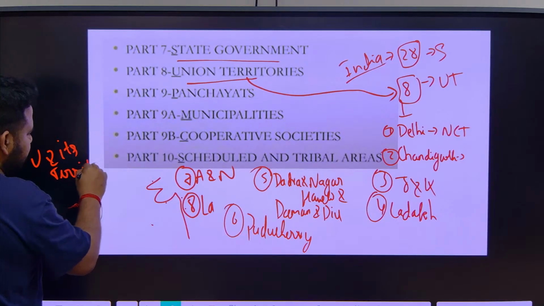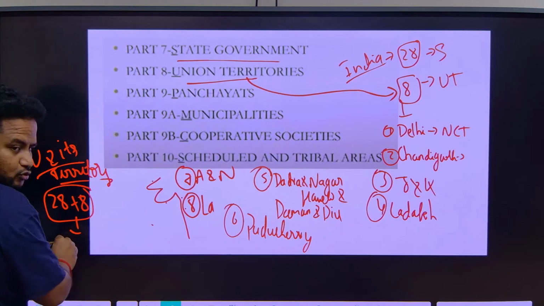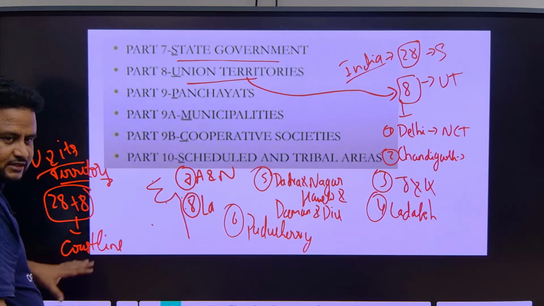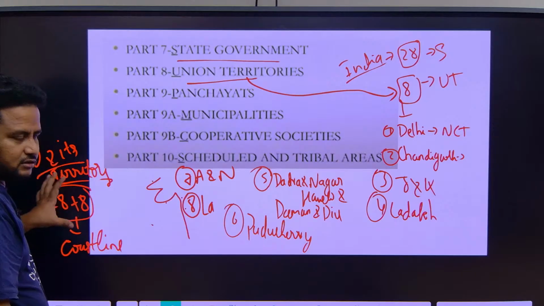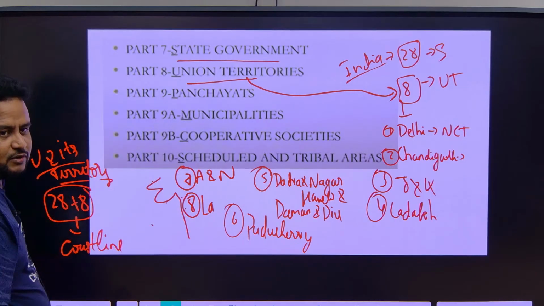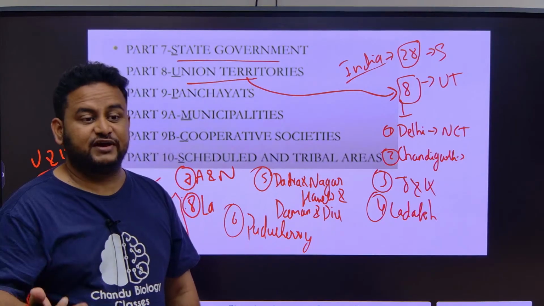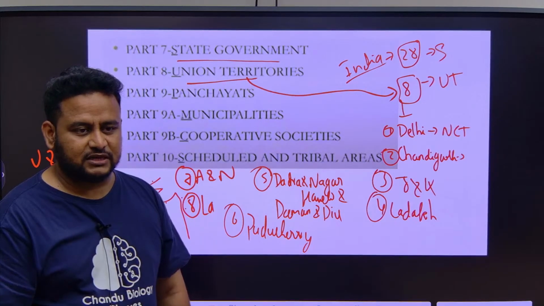This is a bigger unit. Here I am talking about 28 states plus 8 union territories, along with that the coastline, the border areas, everything included. It's called union and its territory. When I come to geography, I will tell you about the coastline, and till where we have the right over territorial waters, up to 200 nautical miles, all these things.